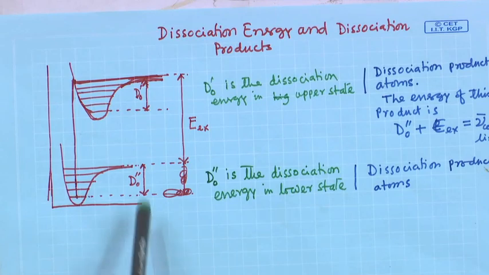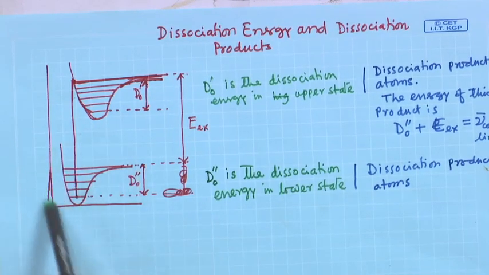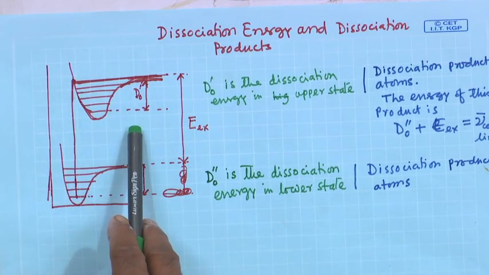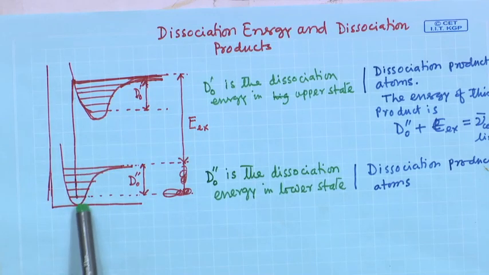Here, this is one electronic state, and this is another electronic state, and in each electronic state there are vibrational levels.